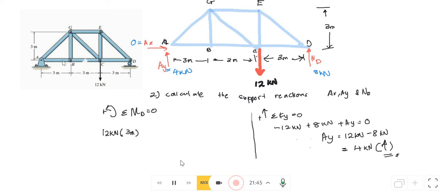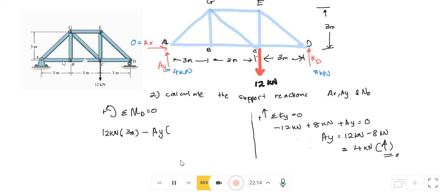Okay, you can see because we only have two forces there in our calculation for moment at D. So one is positive, this one is 12 kilonewton counterclockwise. It means the other force should be clockwise and should be indicated by the negative sign. So this is the AY. Okay, and make sure that you take the direction, the length correctly.